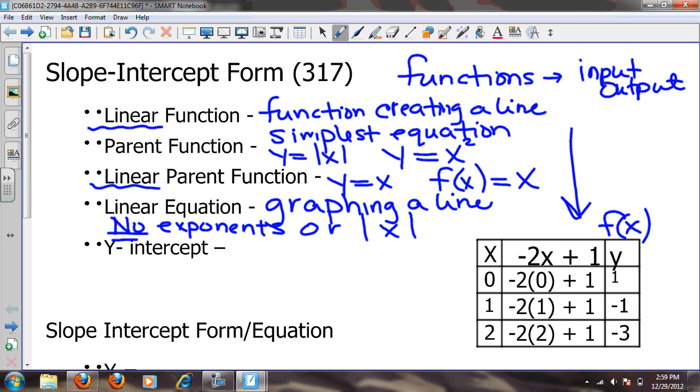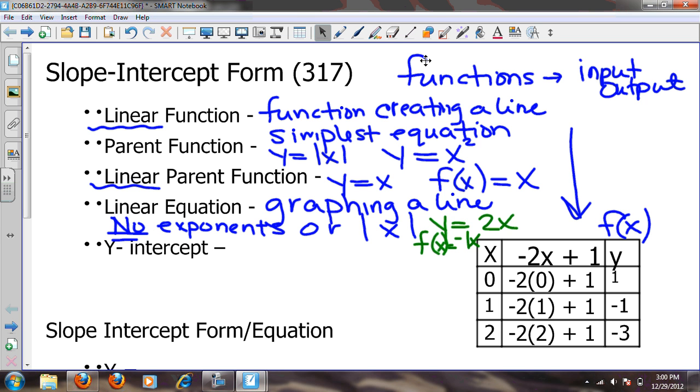Okay? So we're going to have something like y equals 2x, or f of x equals negative 1x. Okay, that would be linear because we're looking at it to get a line.